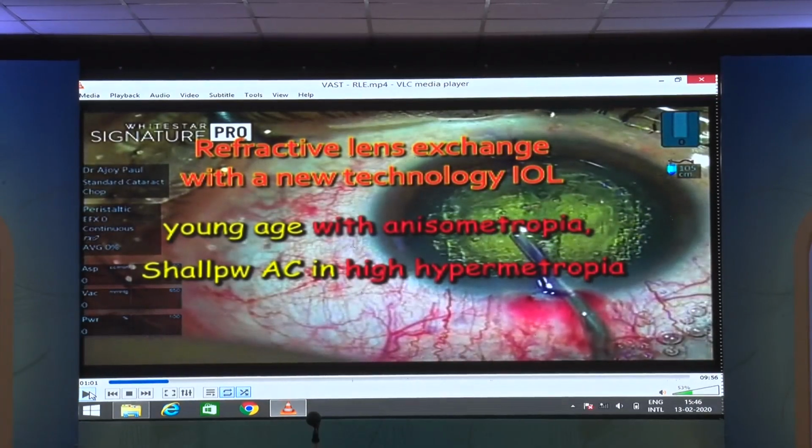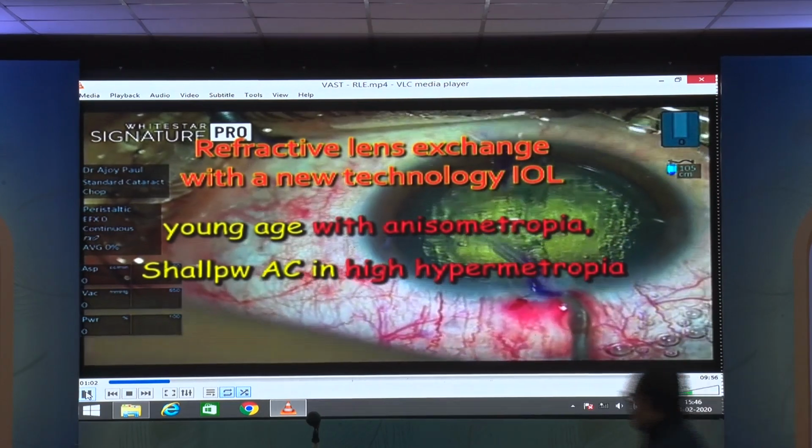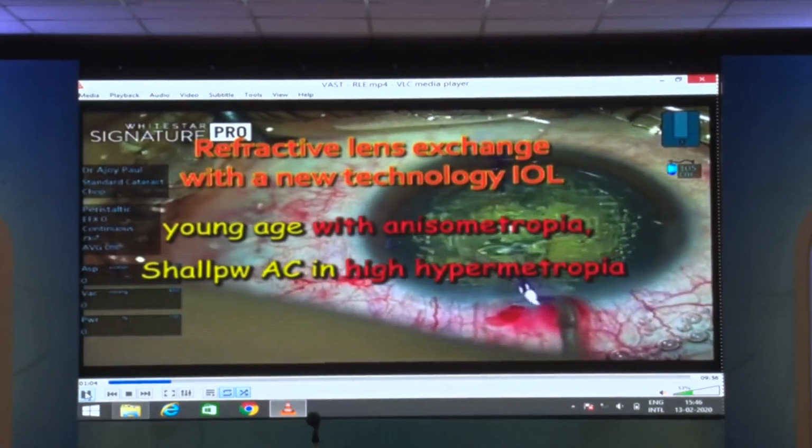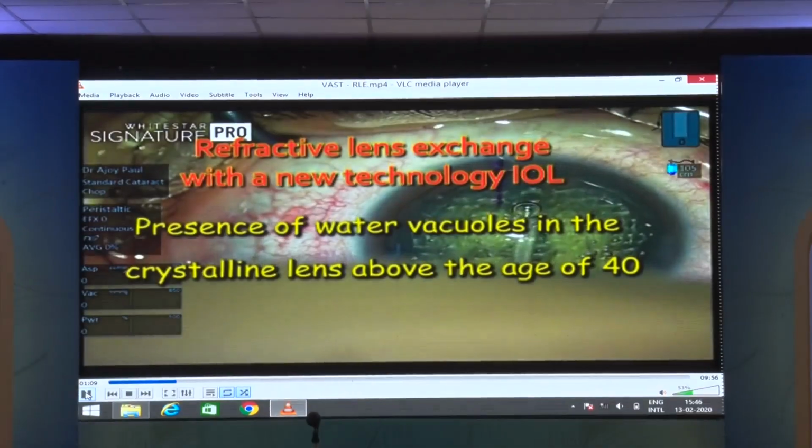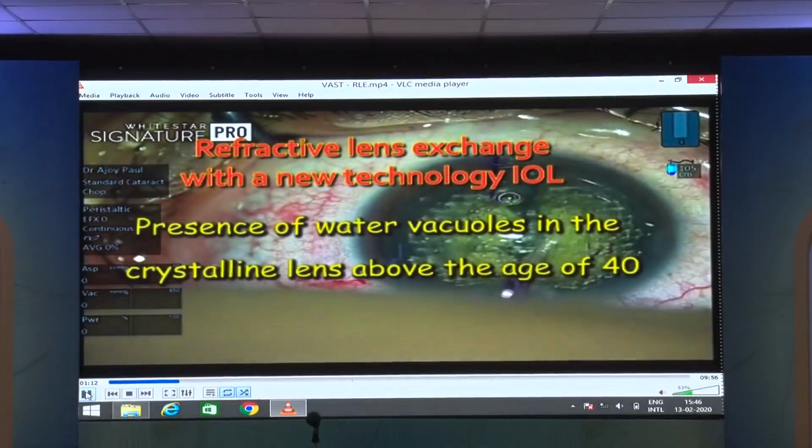Again, I would avoid doing it at a younger age in hypermetropes, or in younger anisometropes which cannot be corrected. Below 50 or below 45 would be my choice, or shallow AC in high hypermetropia, where even a phakic lens or anything that I would like to give is not possible. So that is one of the options that I have. You have a limited choice, and definitely with the presence of water vacuoles in the crystalline lens above the age of 40, that is where I would not go for a phakic IOL.